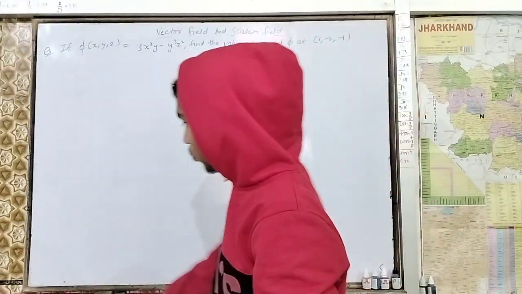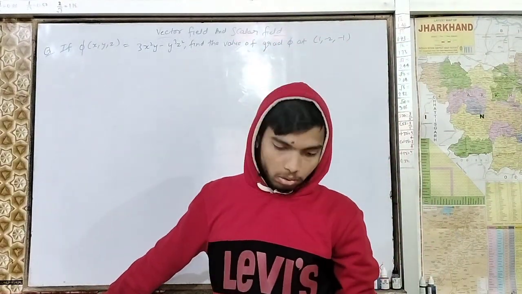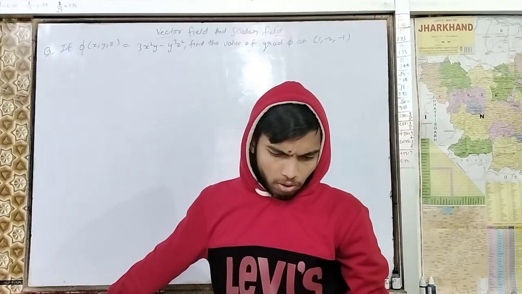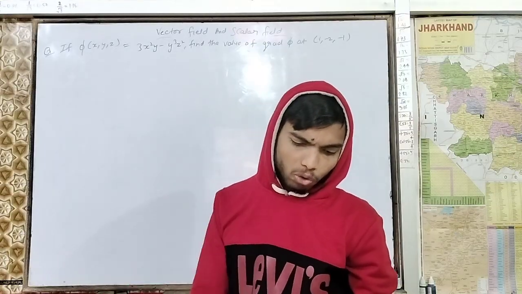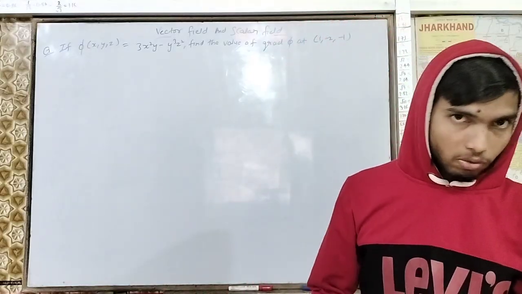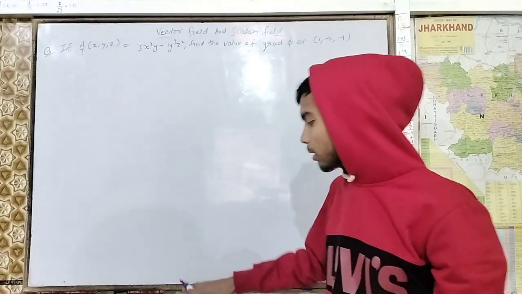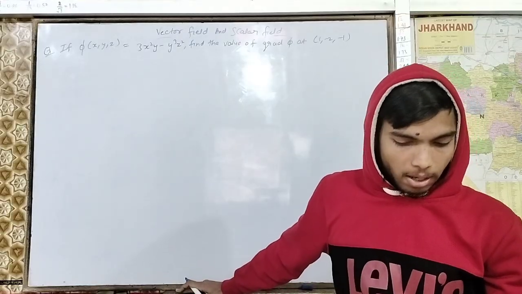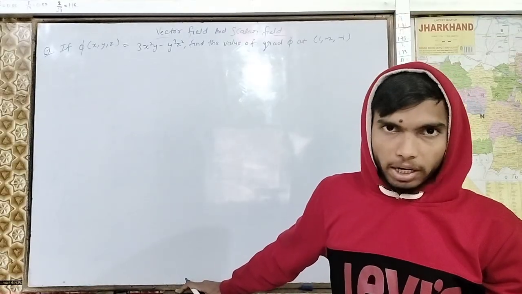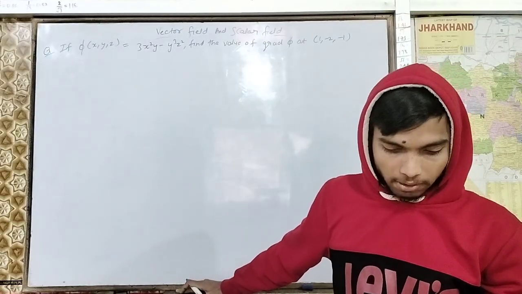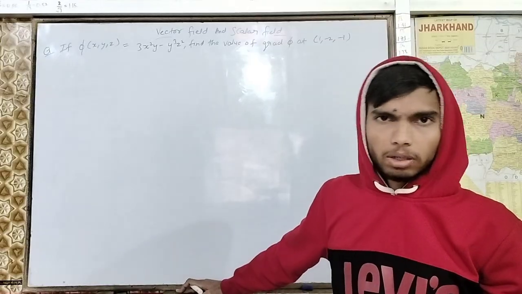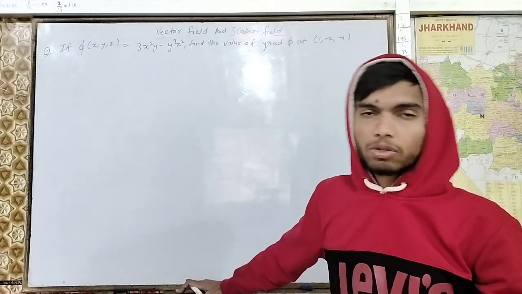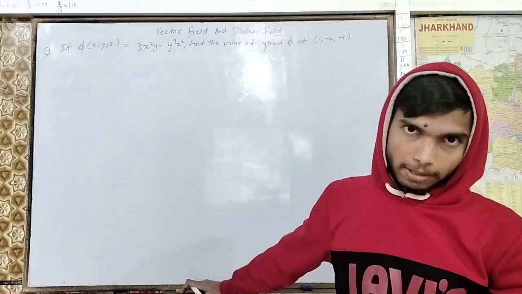So what will we do? First of all, we are going to find grad phi at this point. Phi is given. That is how you will solve this question. Grad phi is equal to the del operator dot phi.